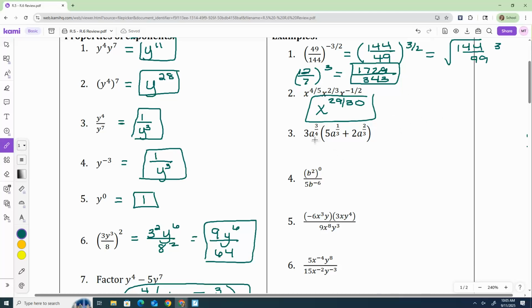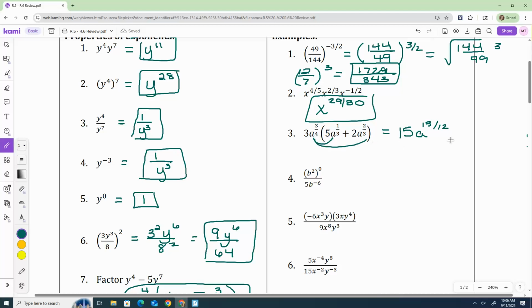All right, number 3. If I am distributing, what do we do with those exponents? The exponents will add, the numbers we will multiply. So 3 times 5 is 15. A, we add 3/4 plus 1/3. So you are welcome to use a calculator. And that gives us 13/12.